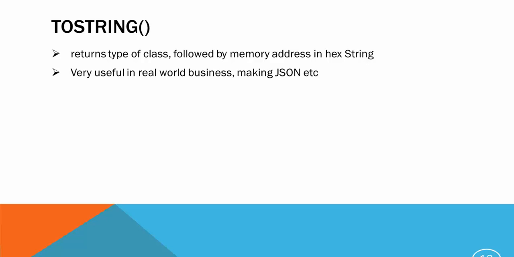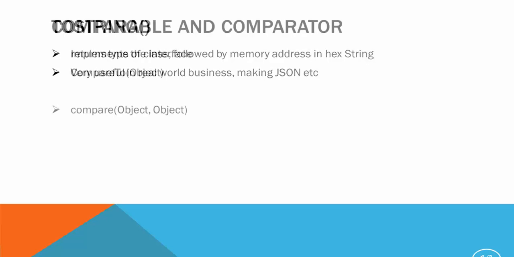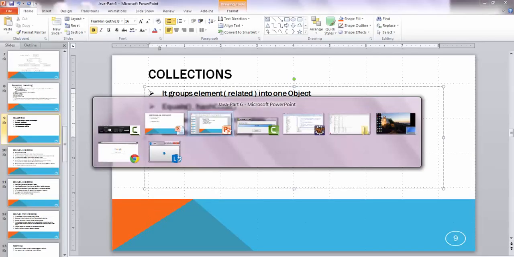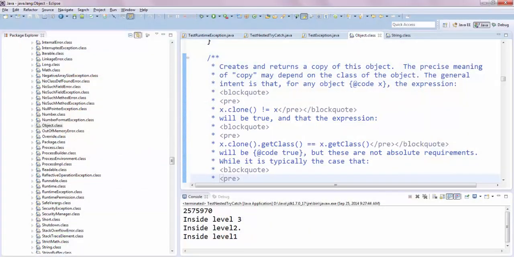Okay, so let's see how we can use hashCode and equals. Before moving to Comparable and Comparator, let's look at hashCode and equals. Let's go to Eclipse.